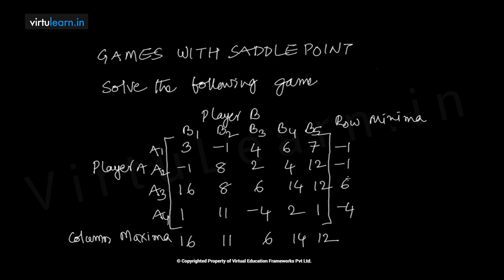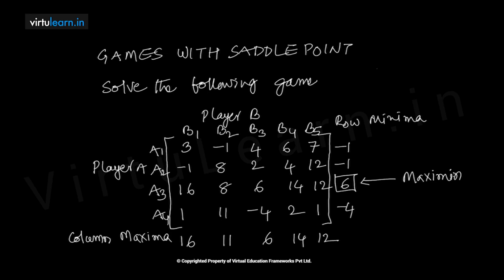Similarly, player A also wants to check the maximum gain. Among all the 4 strategies under row minima, 6 is the maximum gain. So player A wants to choose the strategy A3, which is given by 6, that is marked with a box, which we call maximin. What maximin indicates is maximizing the minimum gain.